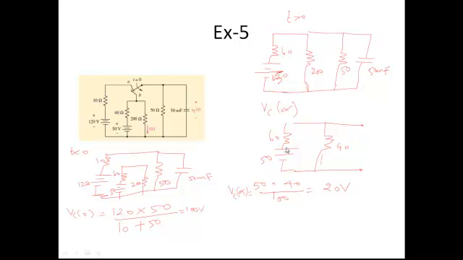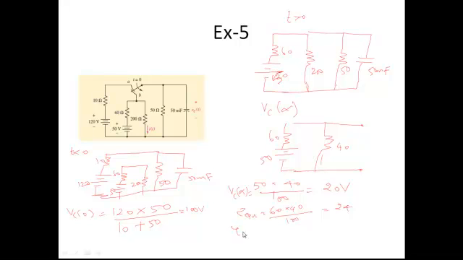Otherwise, we can also say 60 ohm and 40 ohm are in parallel with each other. So R equivalent is equal to 60 into 40 divided by 60 plus 40, which is equal to 24 ohms. You got R equivalent as 24 ohms.